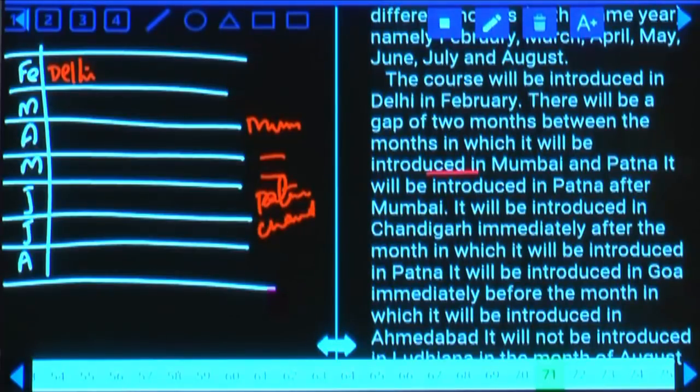Hence these 4 must be like this. And next one, it will be introduced in Goa immediately before the month in which it will be introduced in Ahmedabad. Now Goa is immediately before Ahmedabad. Hence these 2 must be together, isn't it? This is the information we have.